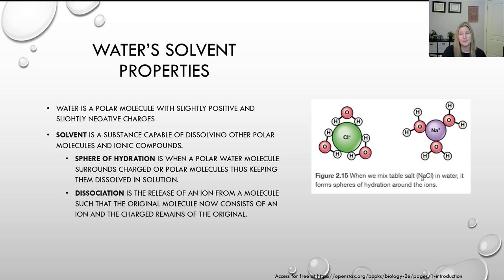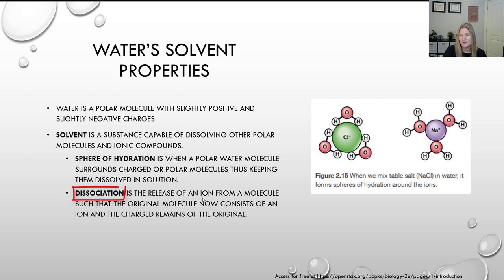Remember, ionic bonds are weak bonds. So when we put salt in water, the water being the solvent, water molecules will surround the chlorine, because it would be more charged since it's gained an electron. And then the sodium ion, the partially negative end of the water molecule will form a sphere of hydration around that sodium ion.